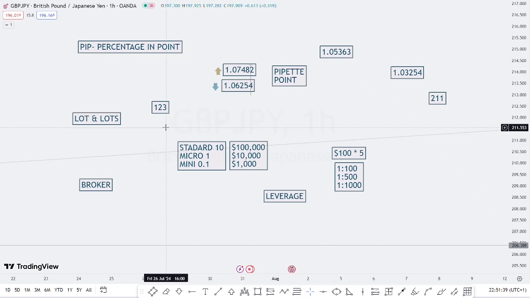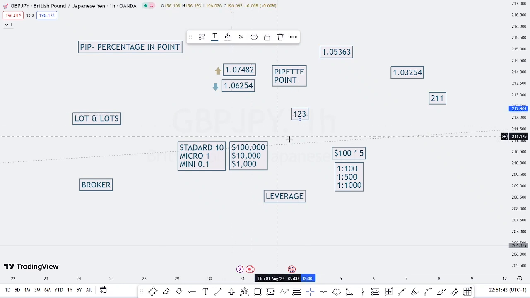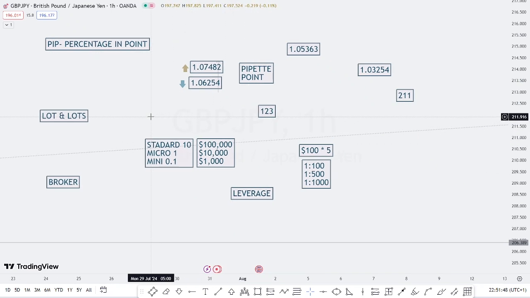No, I haven't said how we calculate to make money now. If you are using standard lots, remember standard lot is 10, macro is 1, and mini is 0.1. If you are using one standard lot for every one peak movement, remember the peak.